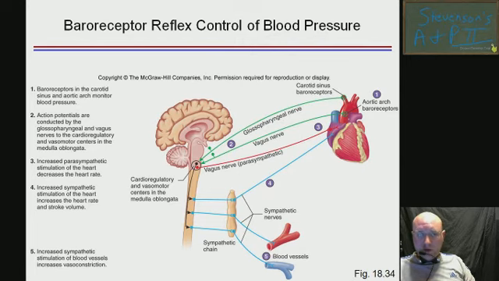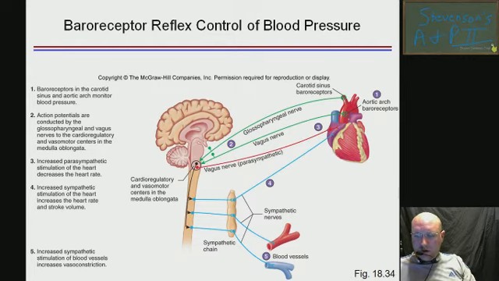Baroreceptor reflex control of blood pressure. Make sure that you have reviewed these steps and are very well versed in this process. Know that the baroreceptors in the carotid and aortic areas monitor blood pressure, and the action potentials are conducted through the glossopharyngeal and the vagus nerves to the cardioregulatory and vasomotor systems.